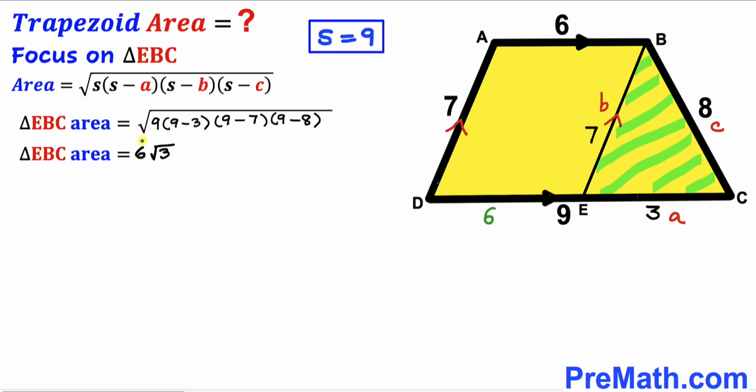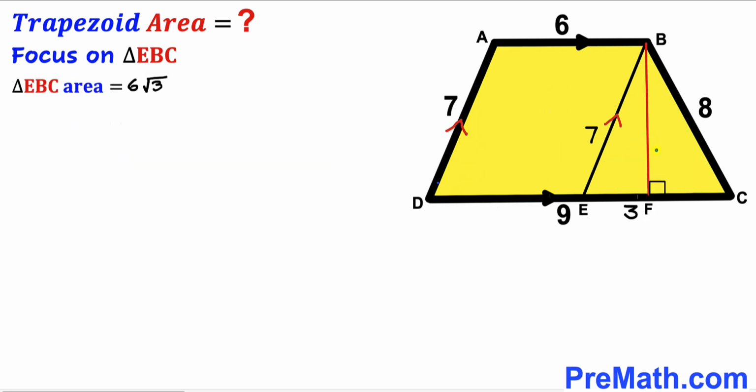So thus the area of this triangle EBC turns out to be 6 times the square root of 3 square units. In this next step, I have dropped this perpendicular BF on this side CD, and I'm going to label the height of this perpendicular BF as h.